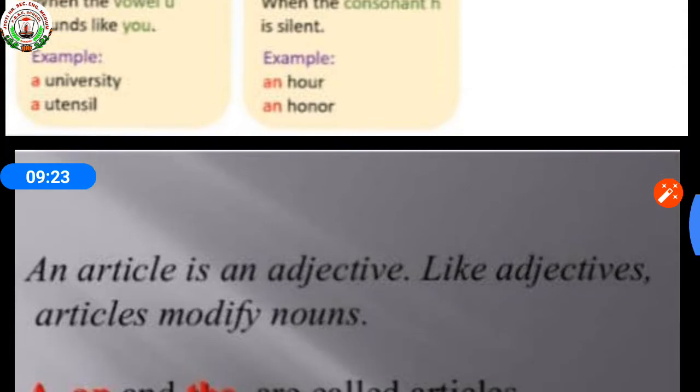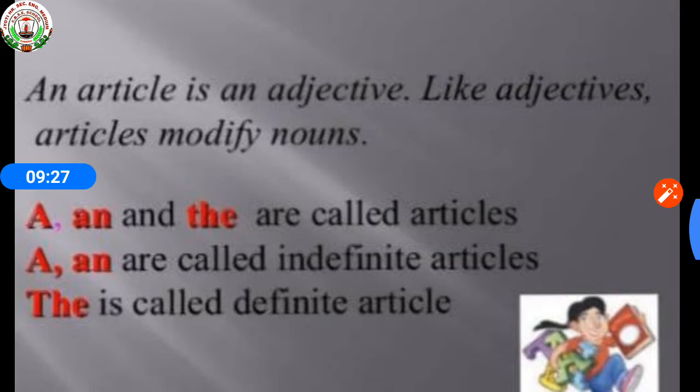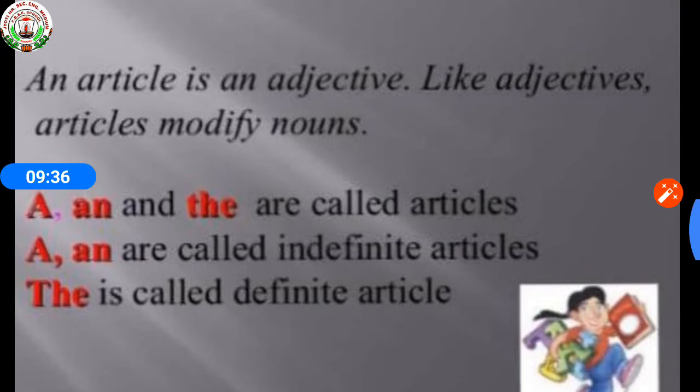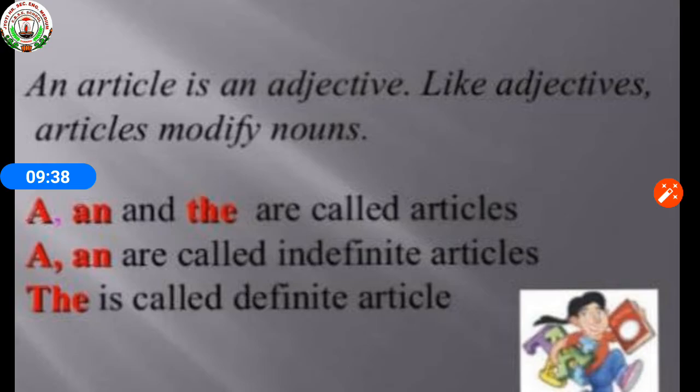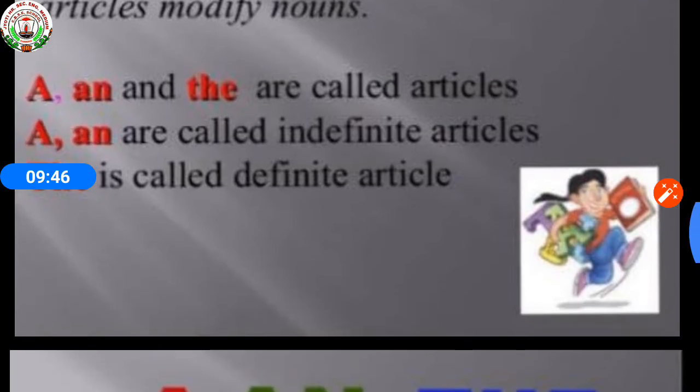Now we just understand that an article is an adjective. Like adjectives, articles modify nouns. A, an and the are called articles. A and an are called indefinite articles. The is called a definite article.